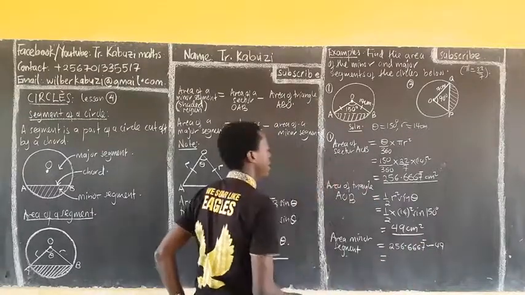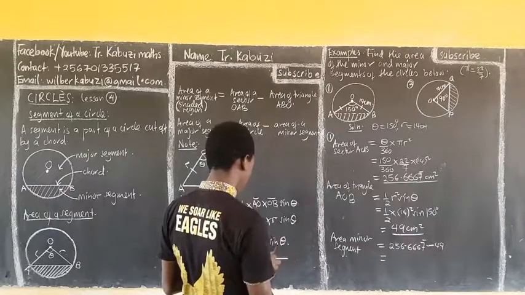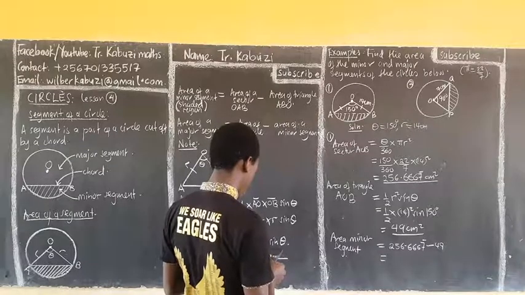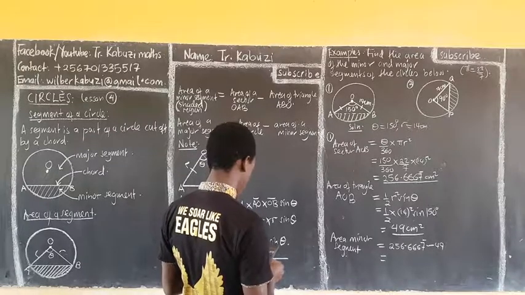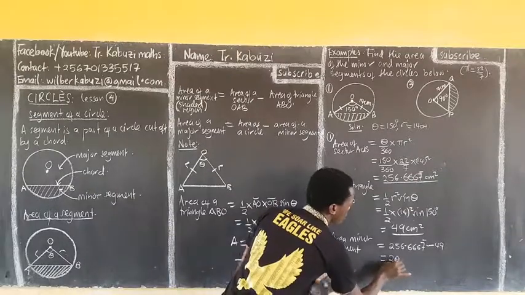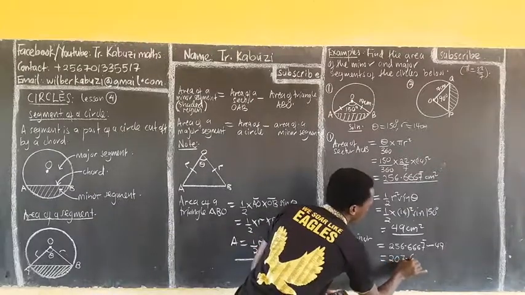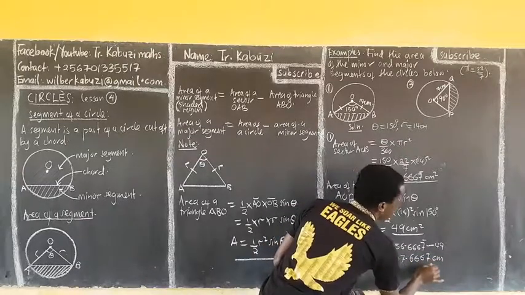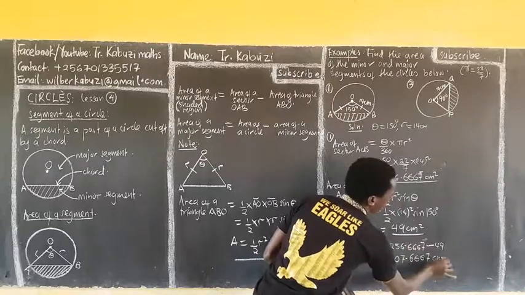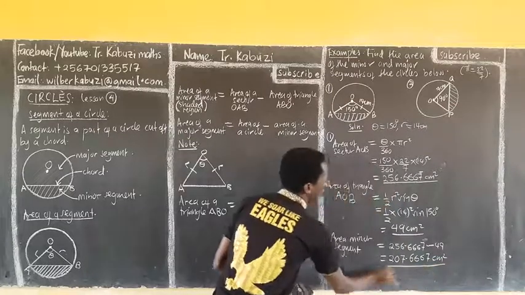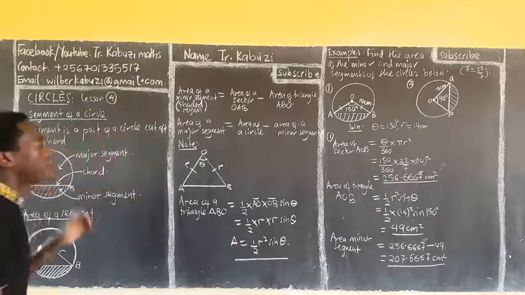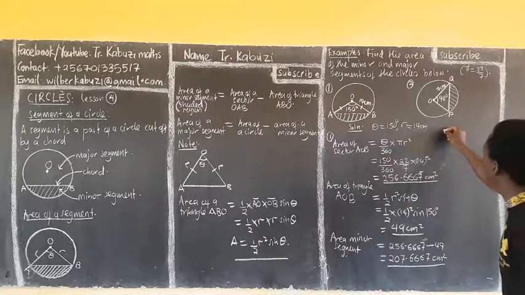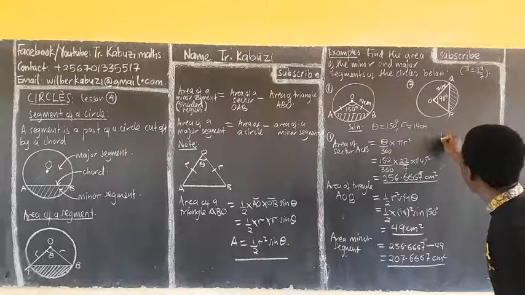And what you get here is 207.6667. Now these are going to be centimeters squared. So now we are going to get the area of the major segment.